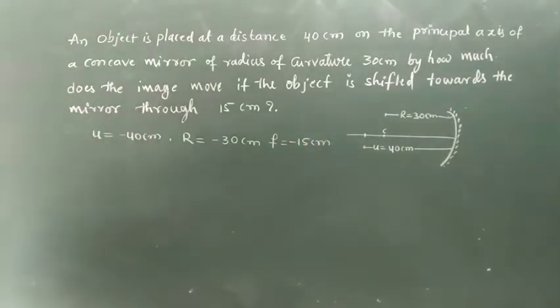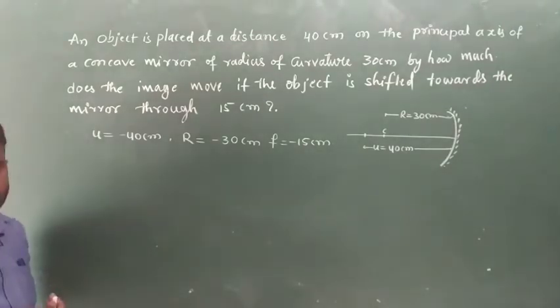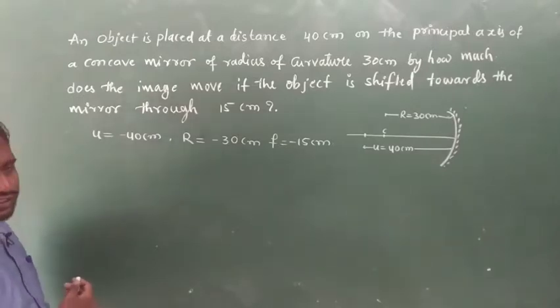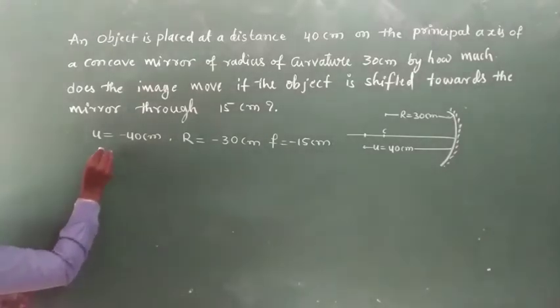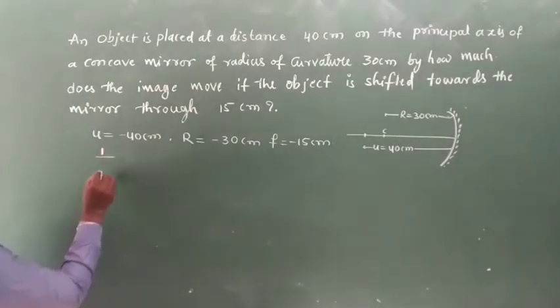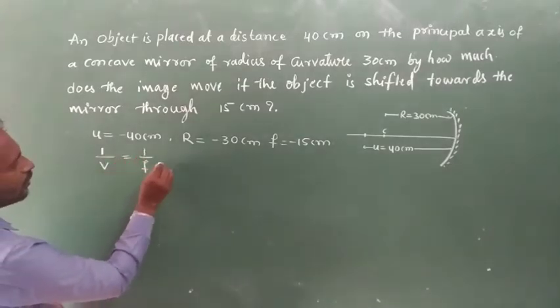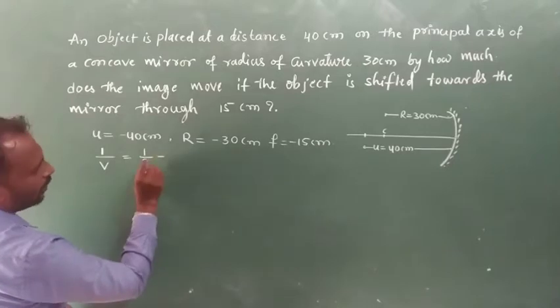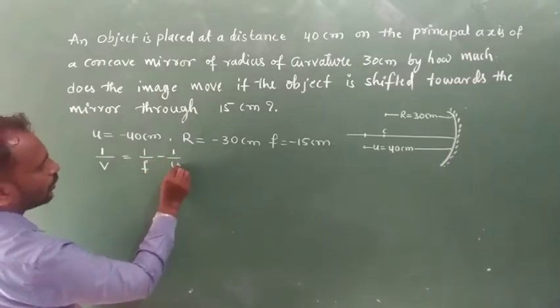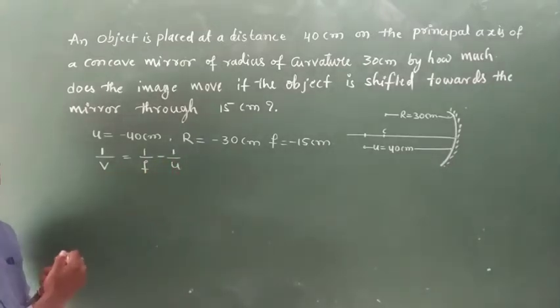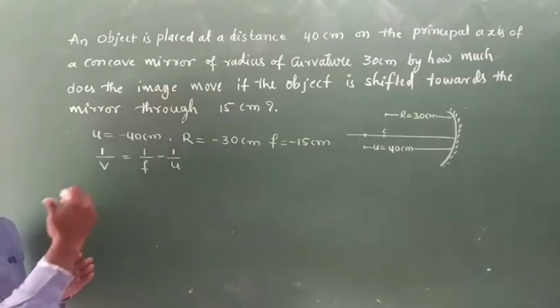Here we use the mirror formula, because we want to find out the image of the object. So I will take the direct formula: 1 by v is equal to 1 by f minus 1 by u, because 1 by f is equal to 1 by u plus 1 by v.